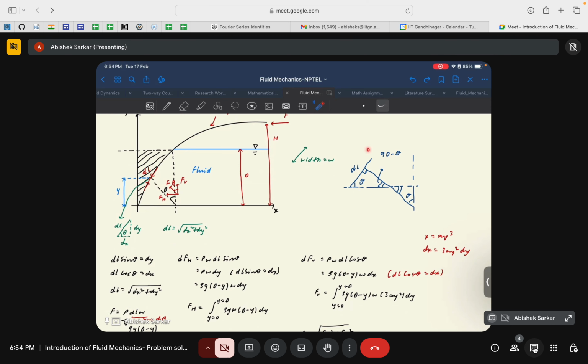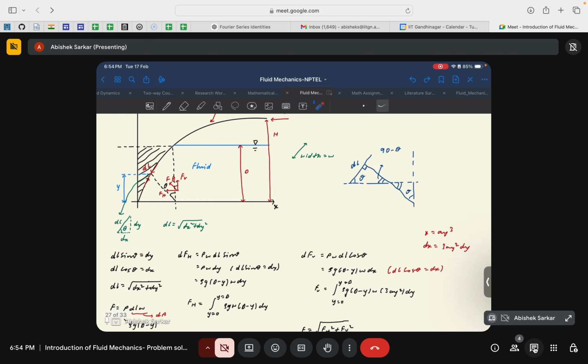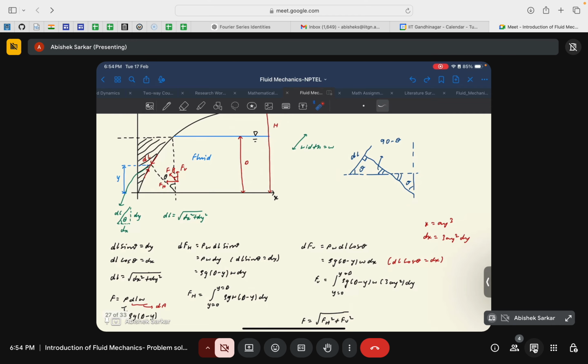The details are shown here, you can just look into it. Then if this is dl, say this is dx and dy, then dx would be dl cos theta and dy would be dl sin theta. And dl will basically be the square root of dx square plus dy square.